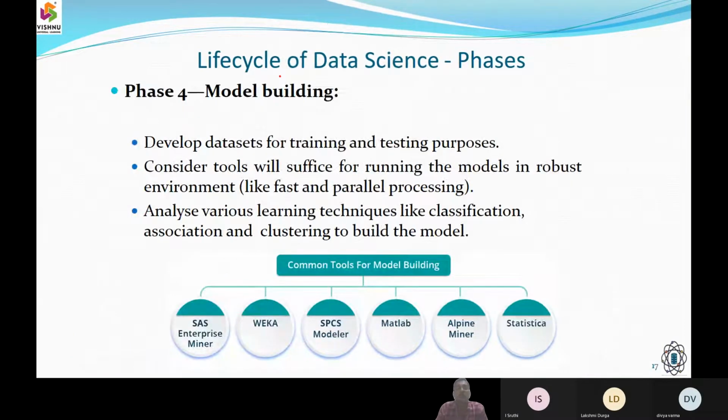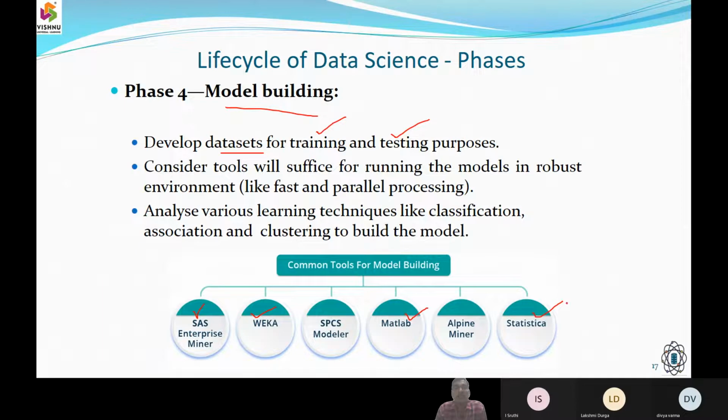Next one was we are going to build the model. Before we build the model, we need a data set, and that data set we split, one part towards a training set and another towards a testing set. Thereby we are going to use prominent tools such as SAS, Weka, MATLAB, Statistica.